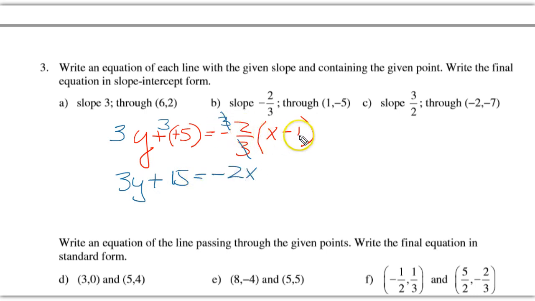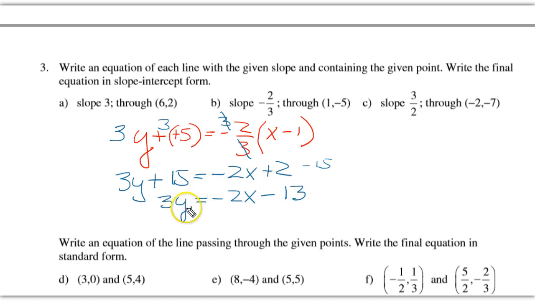Negative 2 times a negative 1 is a positive 2. We then transpose our positive 15 to the other side, and we get 3y equals negative 2x. This positive 15 on this side becomes a negative 15. So this becomes a negative 13 now.